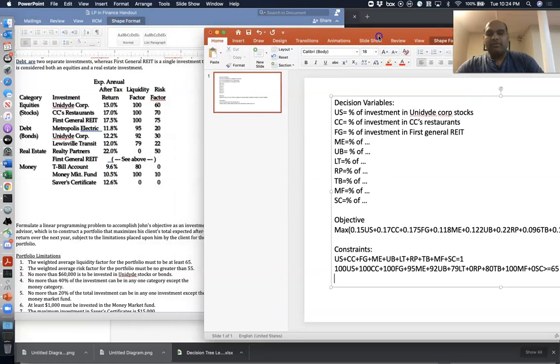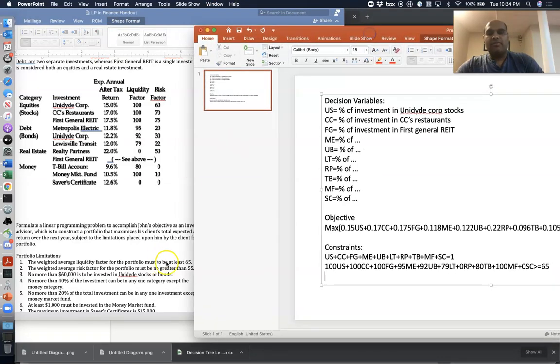Similarly, like the liquidity factor, we also have the risk factor, and risk factor must be no greater than 55. So it'll be 60 times US plus 70 times CC.